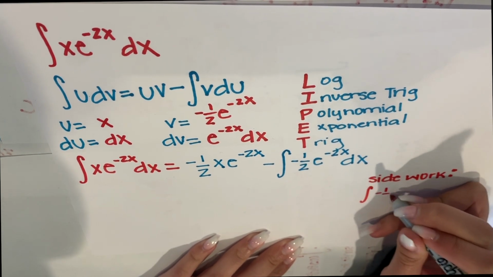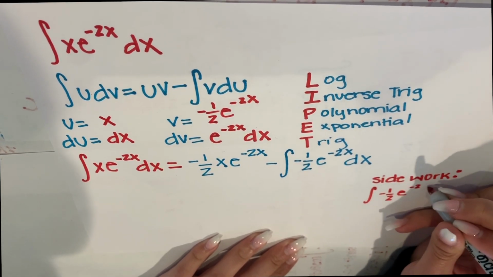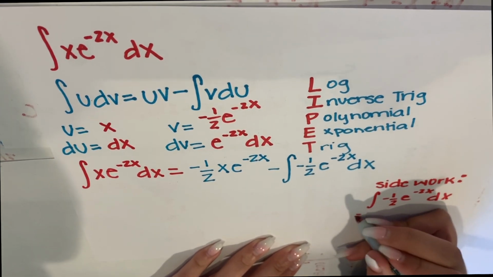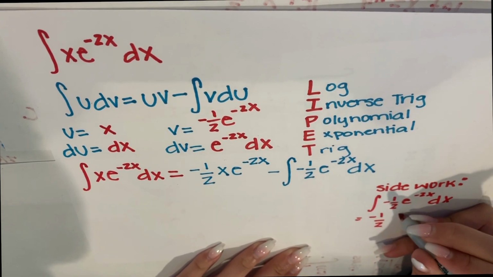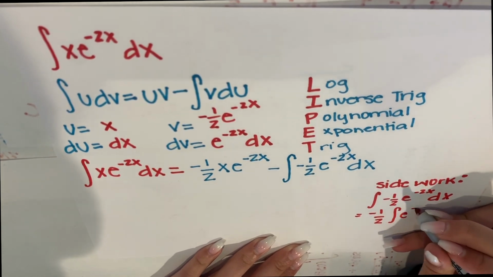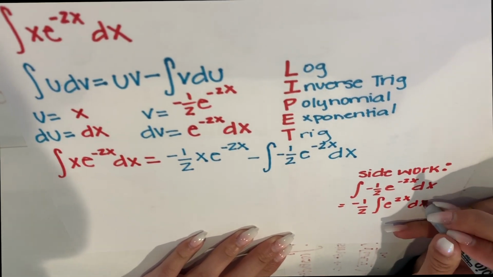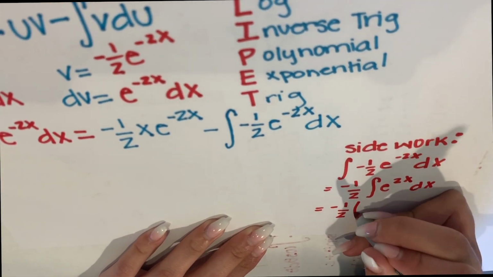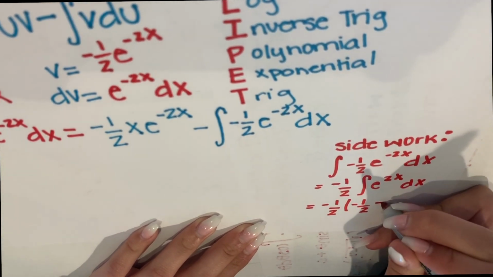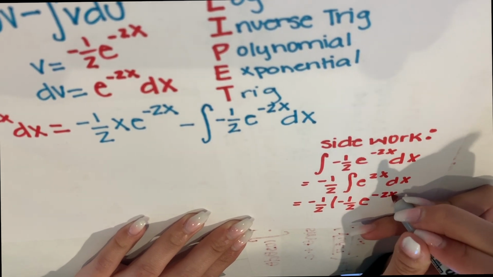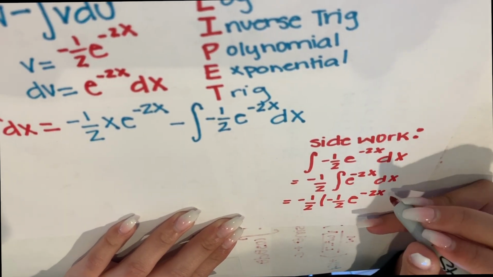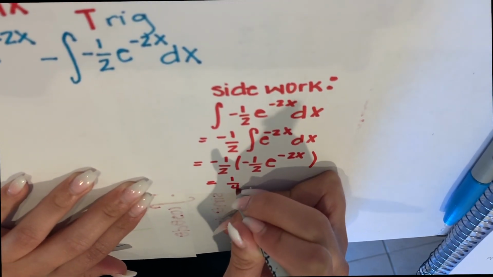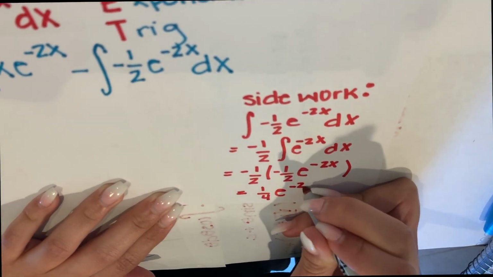So now we need to do some side work to find the antiderivative. We can take out the negative 1/2. So as you can see, we already have the antiderivative from the previous time. So this equals negative 1/2 times negative 1/2 e to the negative 2x, which equals 1/4 e to the negative 2x.